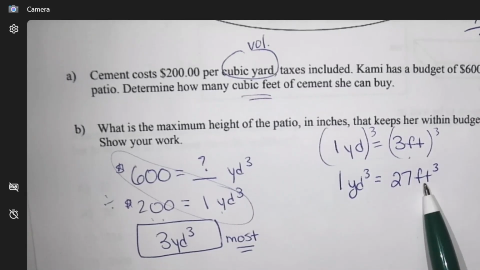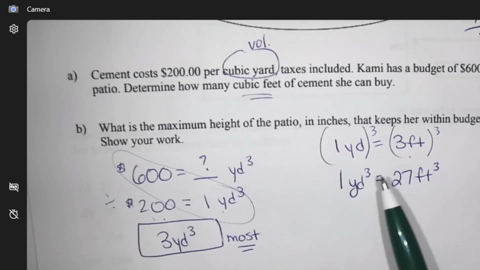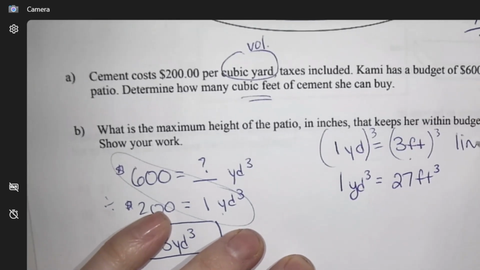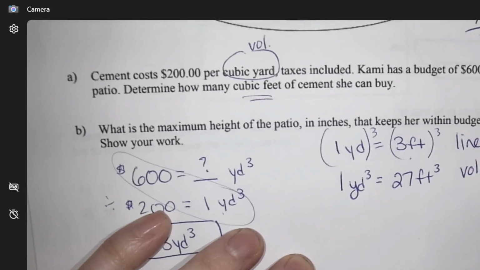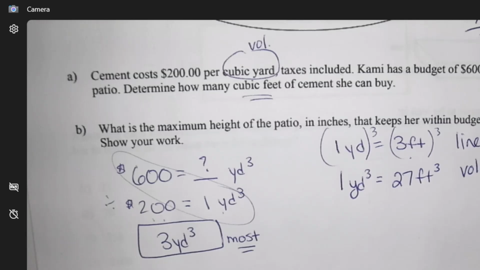If you were doing an area conversion, it'd be a 1 to 9 conversion, because I'd square this 1 and I'd square this 3. So a linear conversion, a volume conversion, right? Okay, so we want volume.